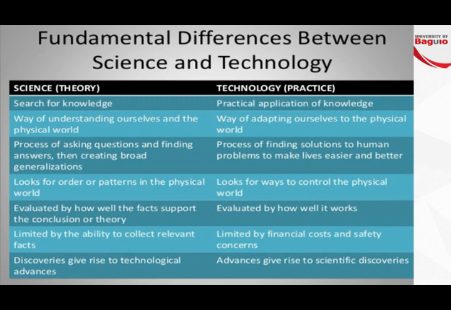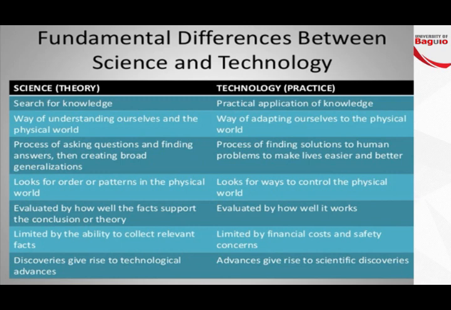Remember, when we talk about technology, aside from practice, we are pertaining to the different means, the devices, and we use these to control what is happening in the environment, or what is happening around us. So it's really a practice, more on the practical way or application, compared to science that is more on theory.